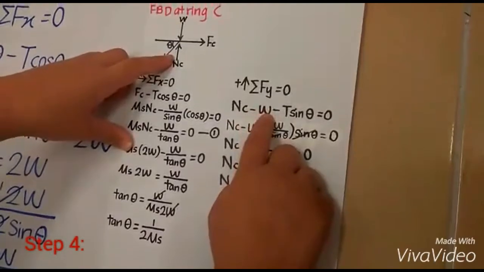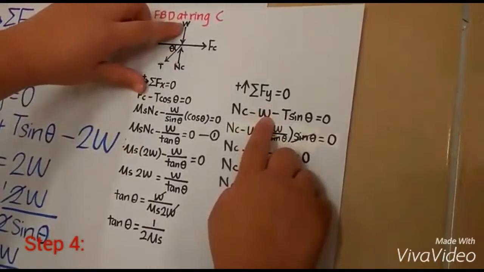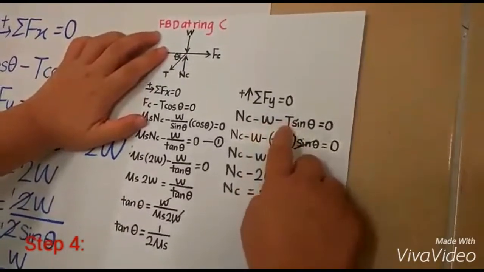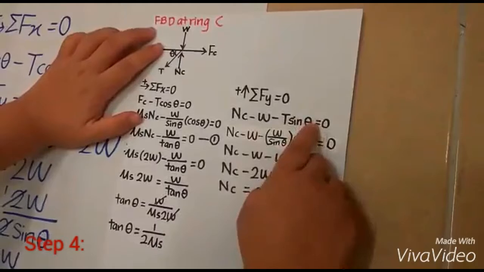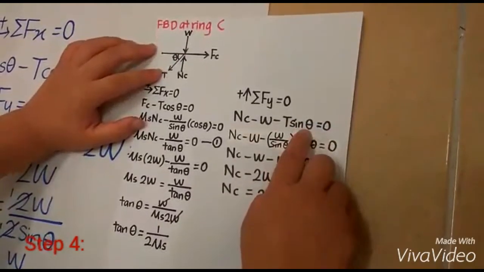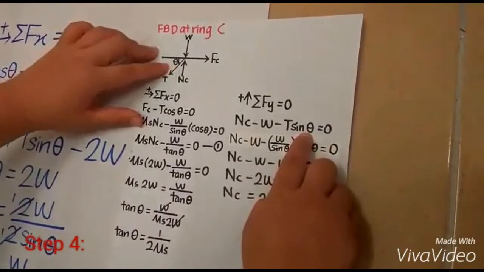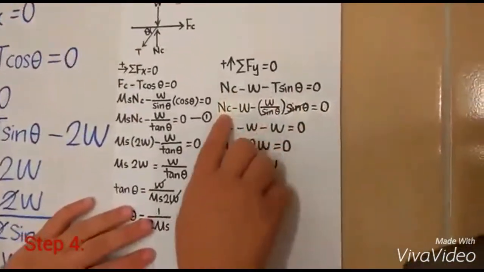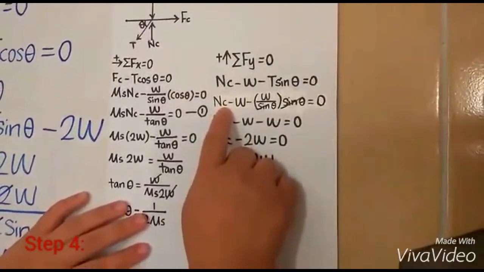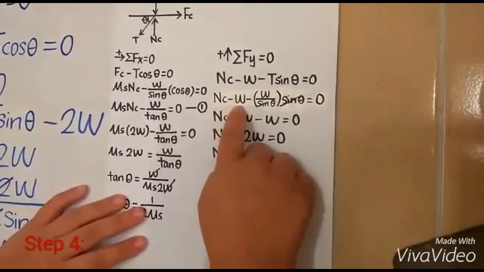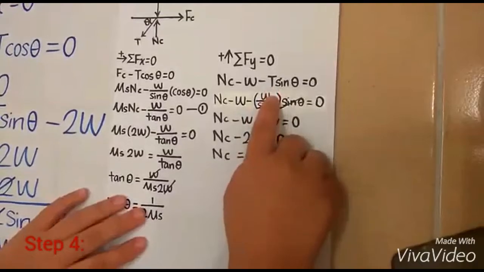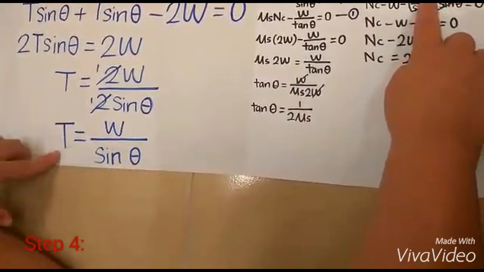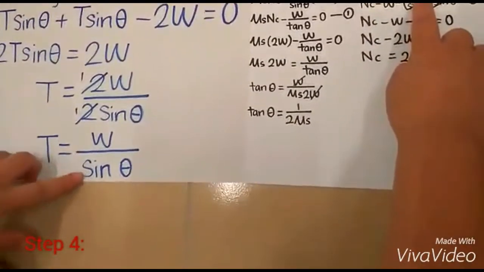Why minus W? Because W points downward, so it's minus W minus T sine theta equal to 0. The T sine theta is referred to here. The opposite of the angle is the sine, so it's T sine theta. Okay, so we just write Nc minus W minus T. Just now in the first equation we found that T equals W over sine theta.